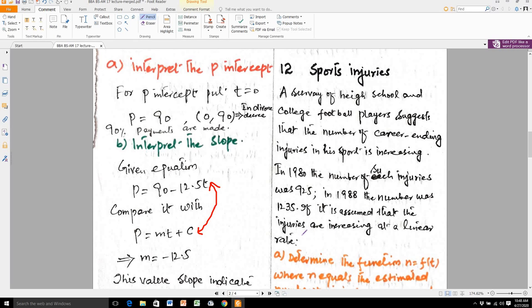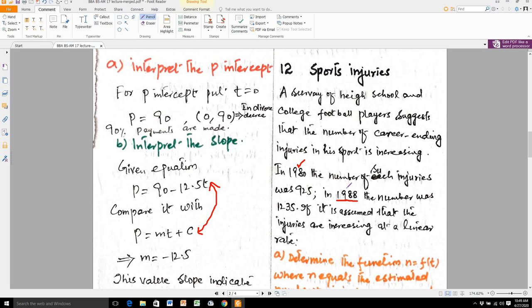Before solving this question, first we see that this information is given in the form of points. It is measured starting in 1980. This is its year number 0.